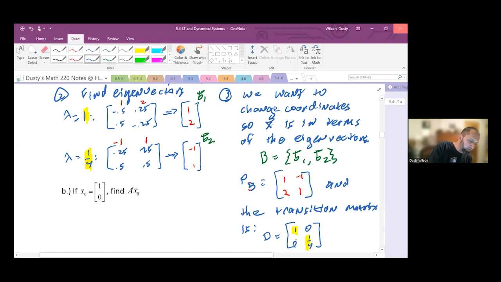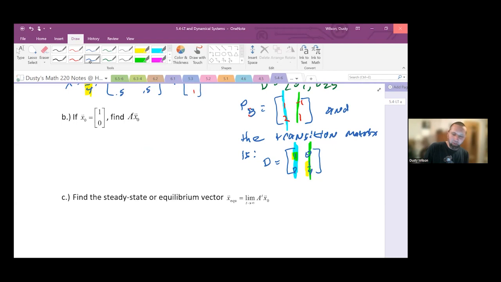What I want you to notice here is that the first column of the PB matrix corresponds to the first column of the D matrix, and the second column of the PB matrix corresponds to the second column of the D matrix.